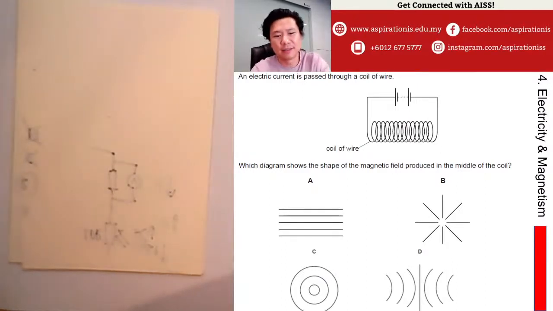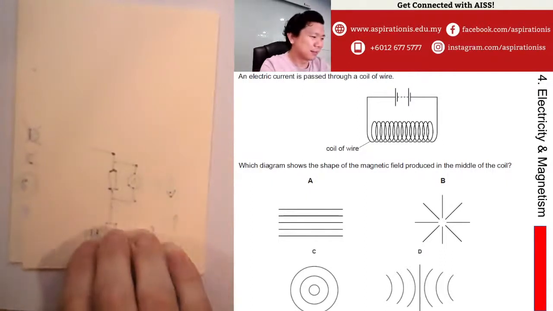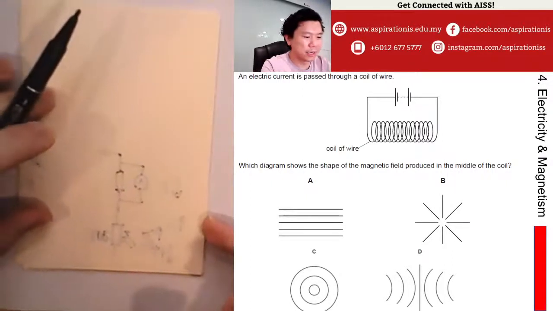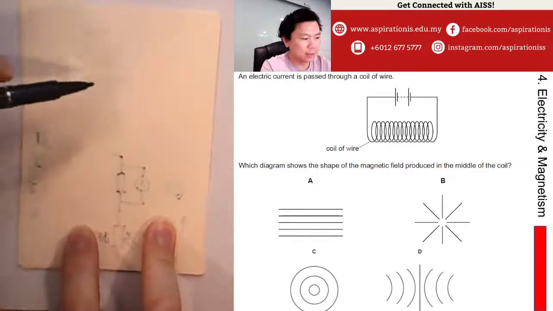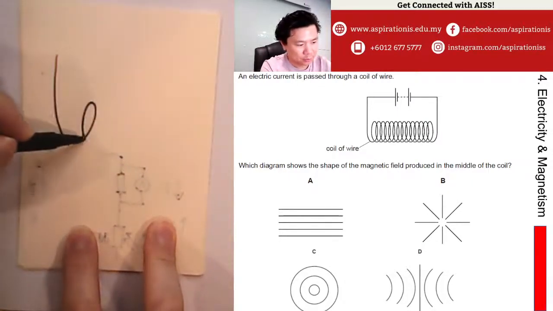The answer is A. Okay, so I'm going to draw it out. Well done, Angsin and Elisa. So this is the coil.